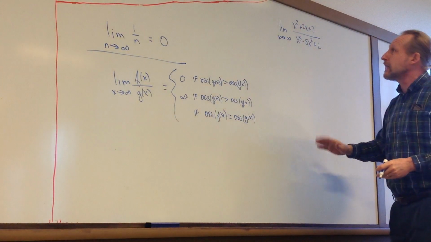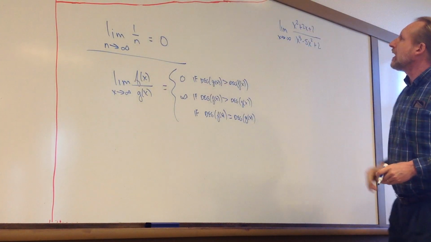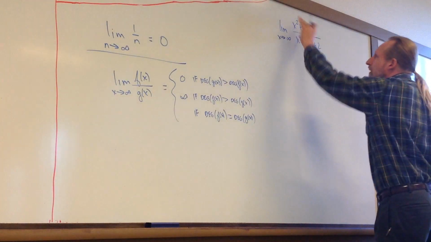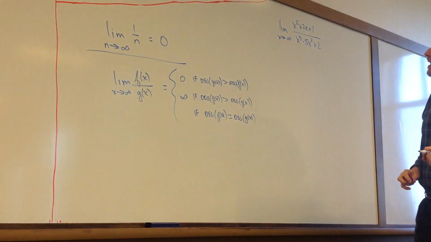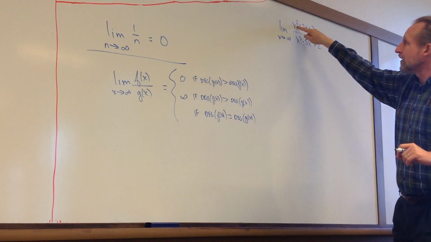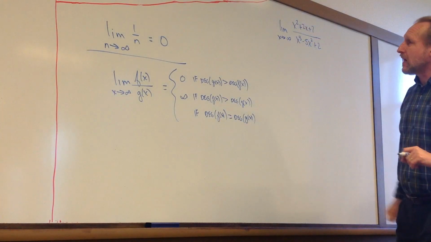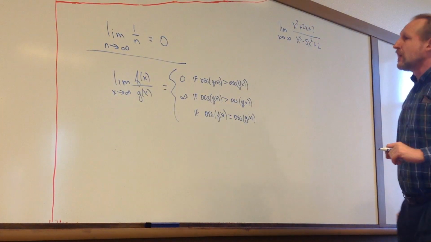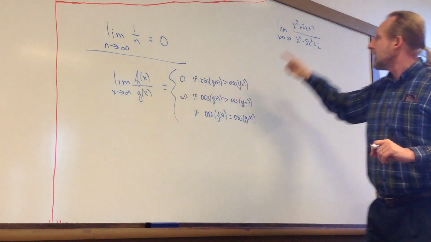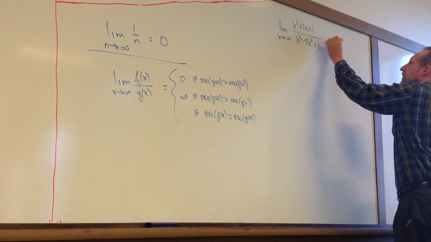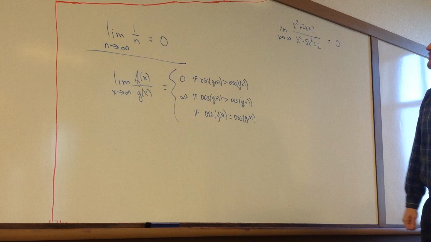So all we're interested in is the highest exponent or the highest power of the variable here. So in the numerator, we've got an x squared. In the denominator, we've got an x cubed. The degree of the denominator is higher, and so this limit will be equal to 0.